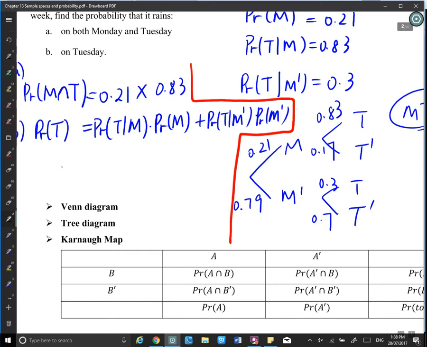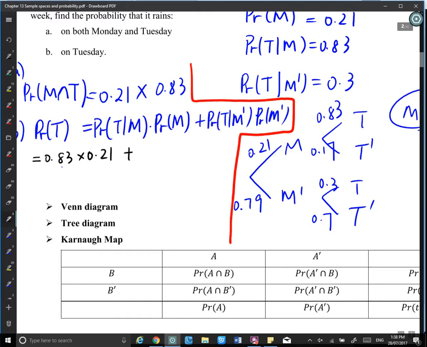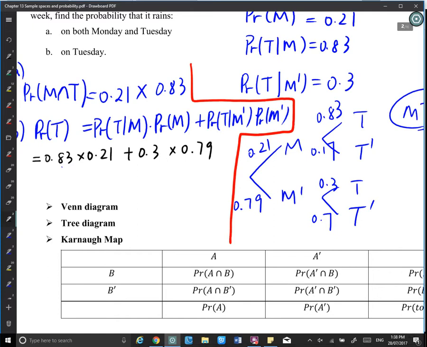That's the law of total probability: probability of A equals A given B times B, plus A given B dash times B dash. That is 0.83 times 0.21 plus 0.3 times 0.79, because probability of M dash is 0.79.